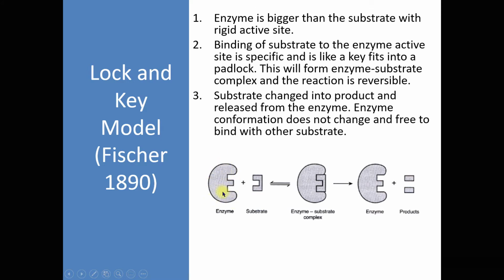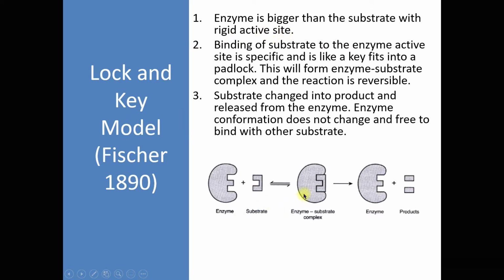This enzyme is way bigger than the substrate, and it has a rigid active site. Students, in this sentence you need to make some adjustment: enzyme size is bigger than the size of the substrate, with a rigid active site.